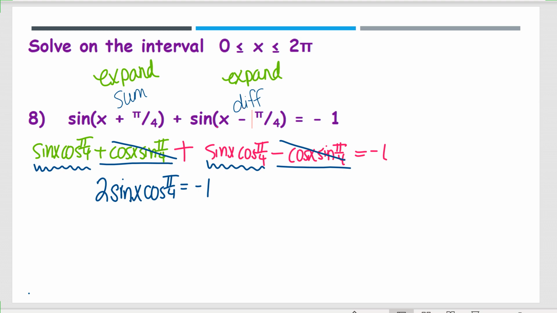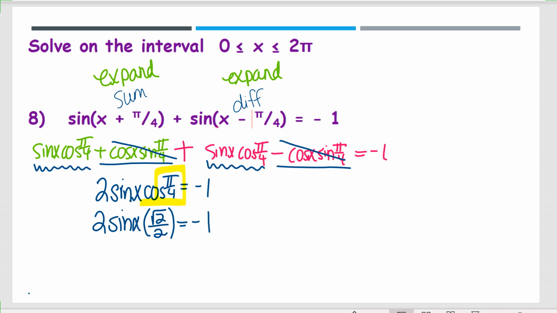Okay, yes, you can go ahead and divide through by 2. You sure can. You also, and we haven't done this for a little while, need to actually evaluate what's cosine of pi over 4. So that's another step that we need to take. 2 sine of x, and cosine at pi over 4 is the square root of 2 over 2. All of that equals -1.